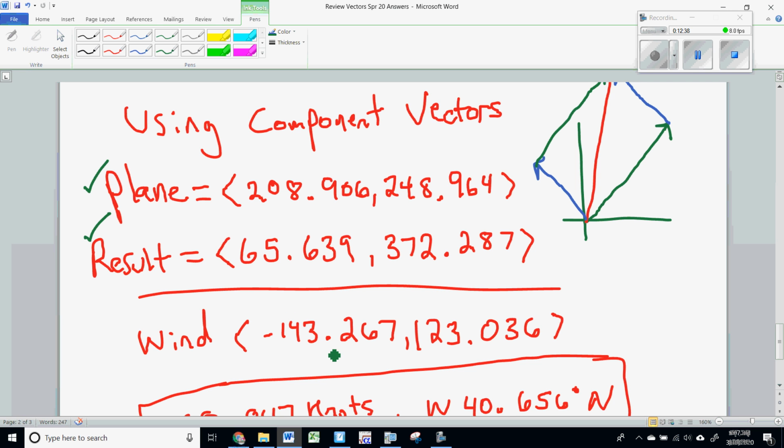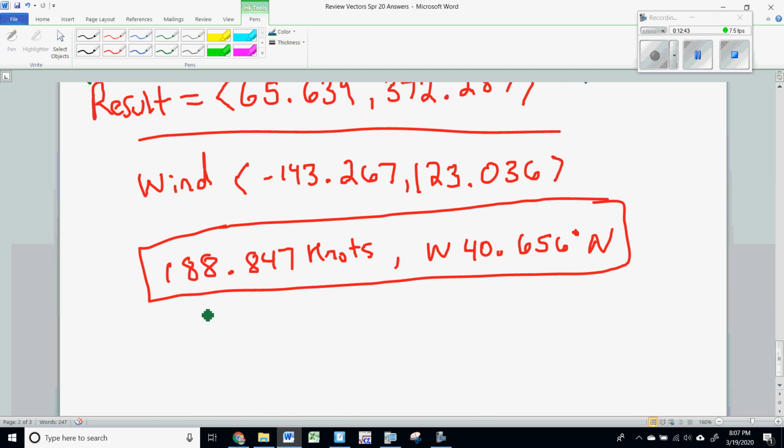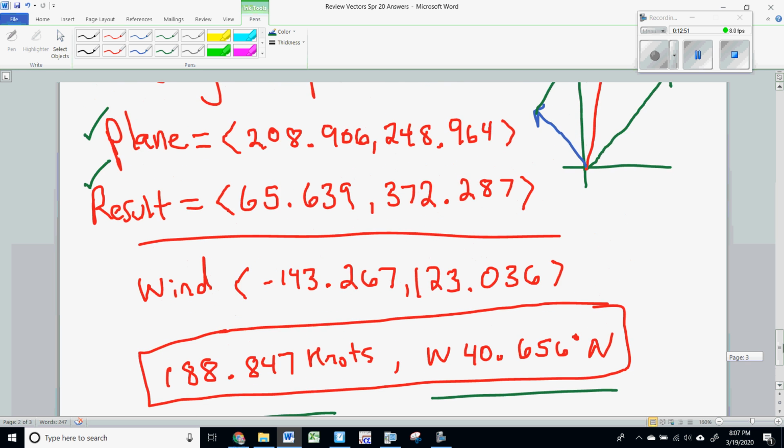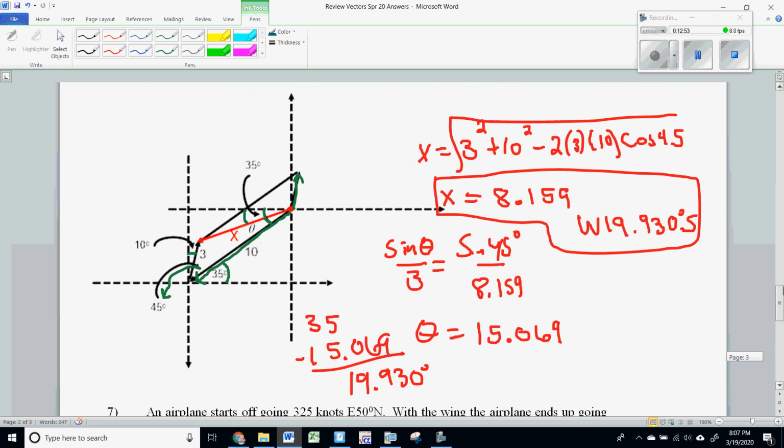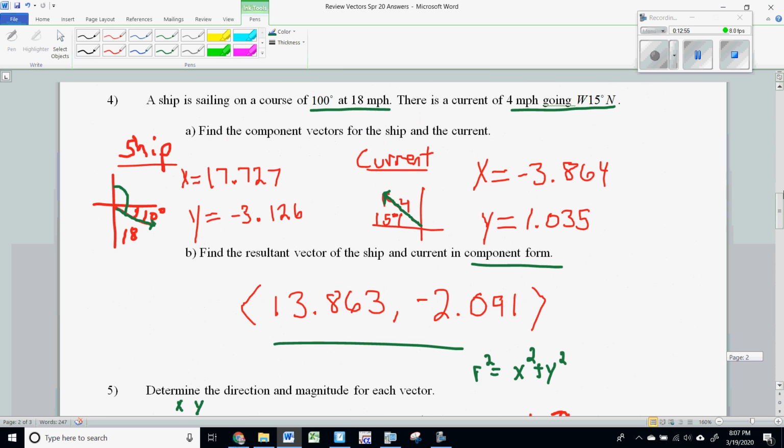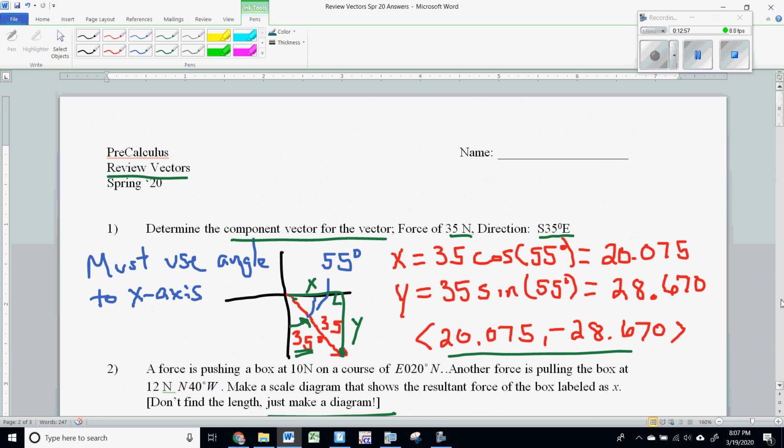And then once you have your component vector, once again, you can convert it into direction and magnitude just like we did up in number 5. So that's just talking through and explaining each of the problems on this review worksheet over vectors.